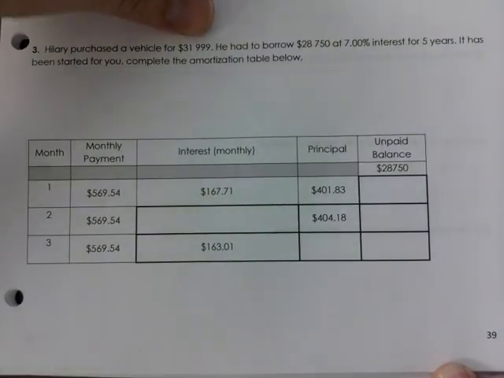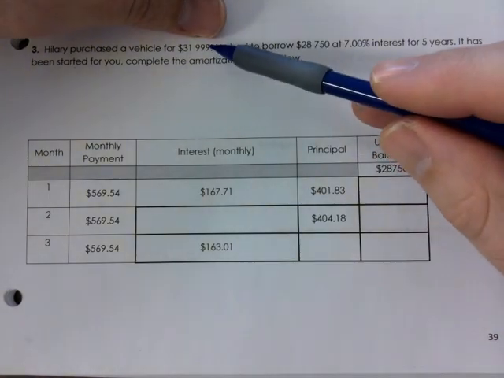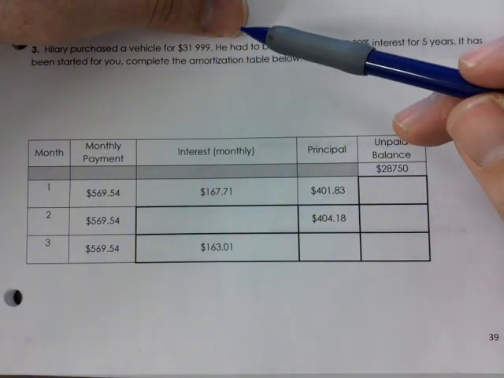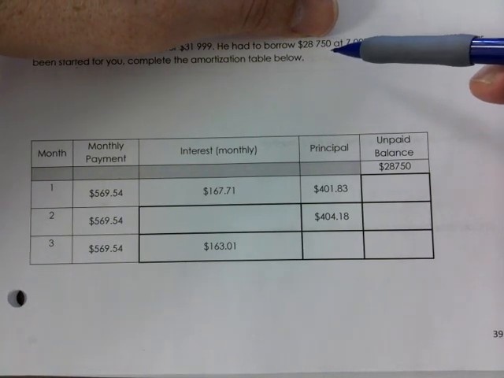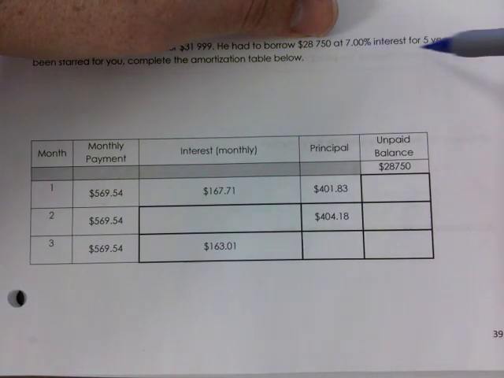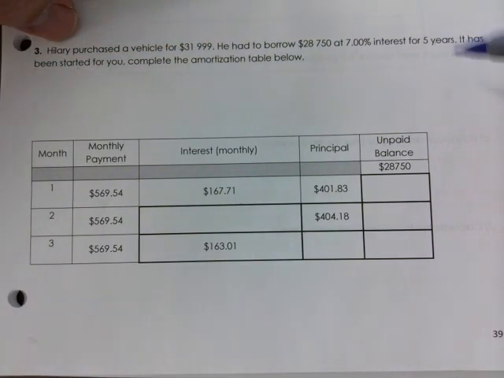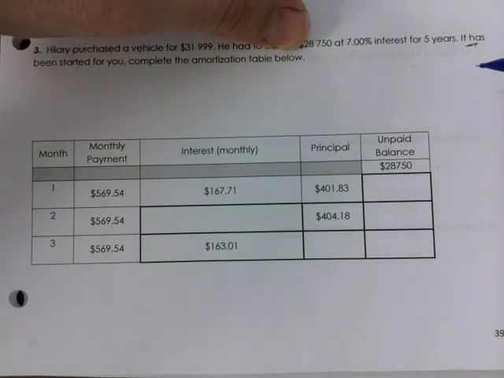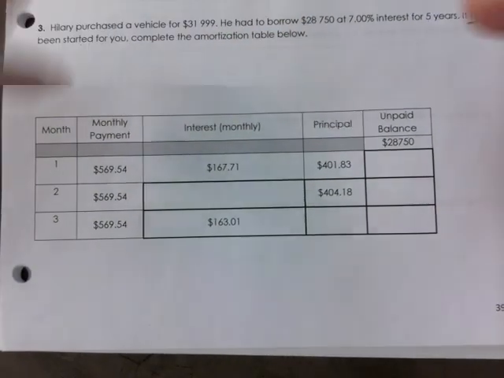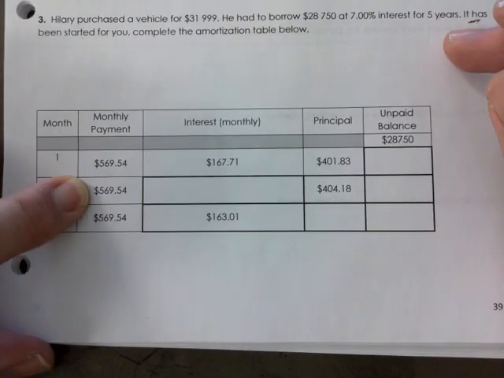Hillary purchased a vehicle for $31,999. Right? You have to borrow $28,750 at 7% for 5 years. The table has been started for you. Complete the table below. So don't calculate the payment that's already there.